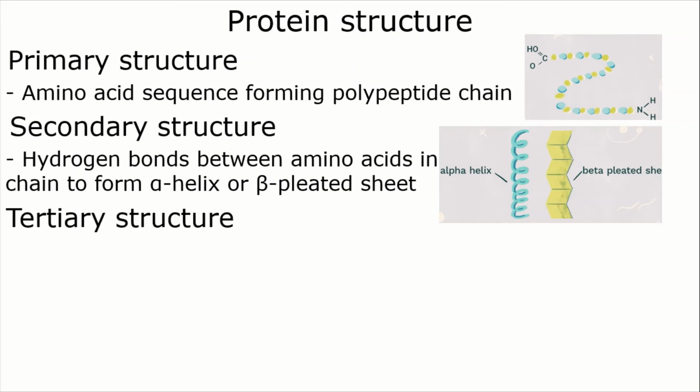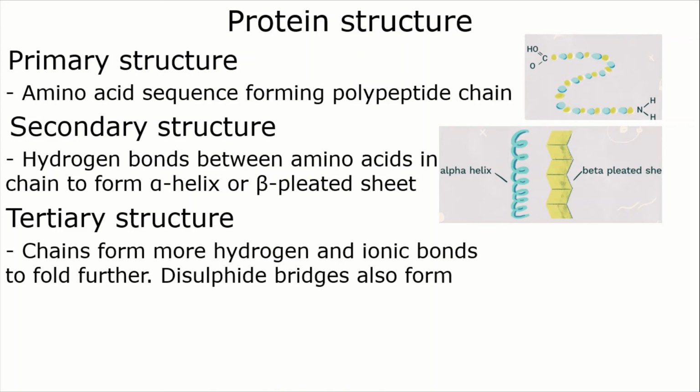So then proteins fold further, and this is their tertiary structure. So further folding allows formation of more hydrogen bonds, and we also get ionic bonds forming. And ionic bonds is a bond formed between an area of positive charge and an area of negative charge. So some amino acids have a positive charge, and these can interact with amino acids with a negative charge, causing our chain to fold even further.